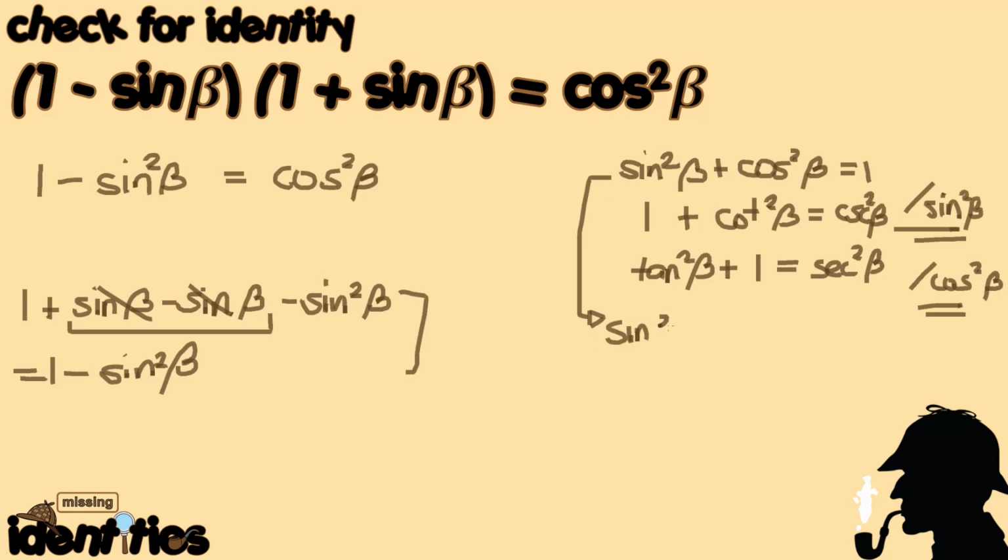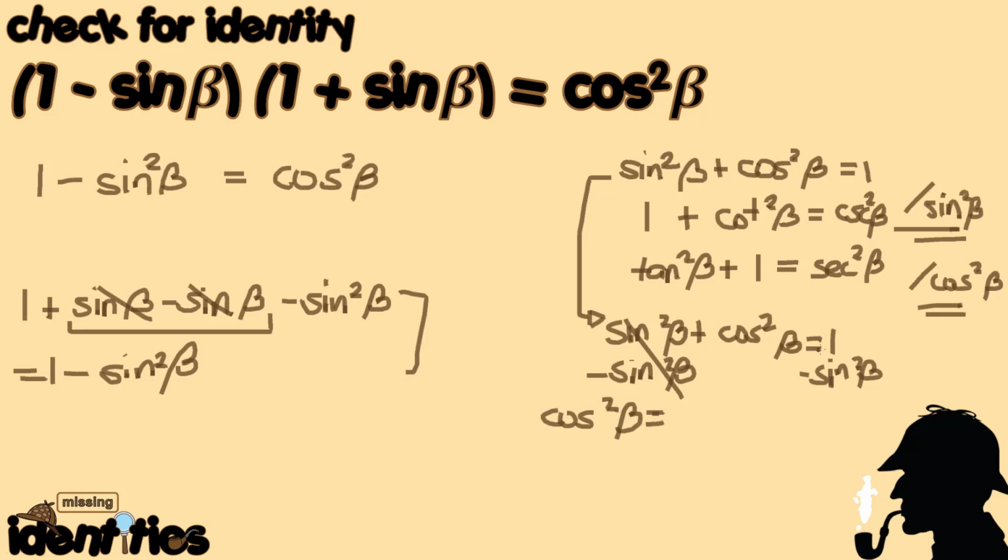You have sine squared beta plus cosine squared beta is equal to 1. Subtracting sine squared beta, you can remove that. You also do that on the other side to retain equality. You would see that cosine squared beta is just equal to 1 minus sine squared beta.